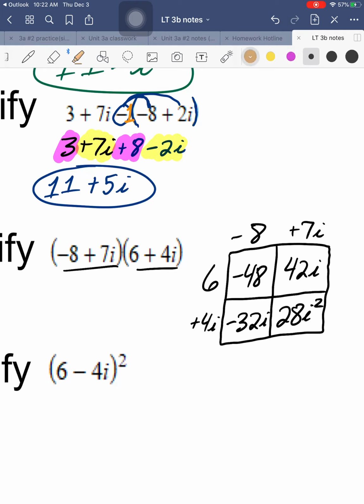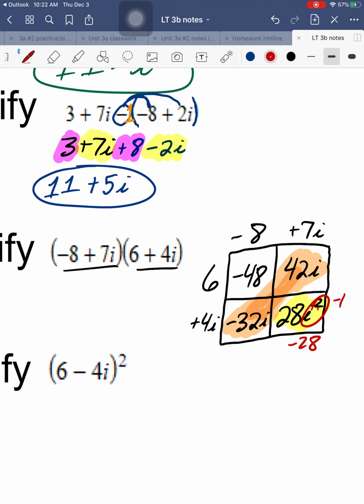So now the cool thing about the Punnett square, pretty awesome, you always have like terms. They should be diagonal of each other, but you always look for like terms. There those are. And you can simplify this right away if you'd like. So it's simplifying the 28i squared. Remember, i squared is negative 1, so 28 times negative 1 is negative 28.